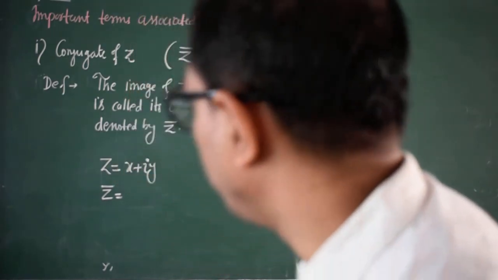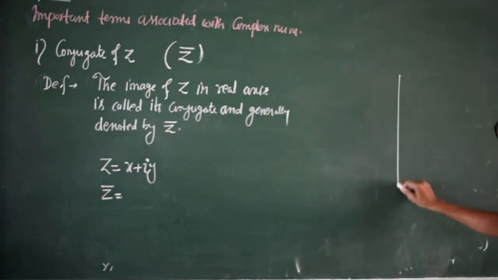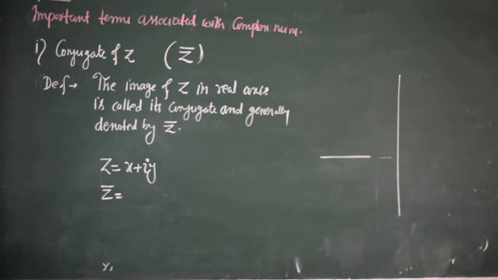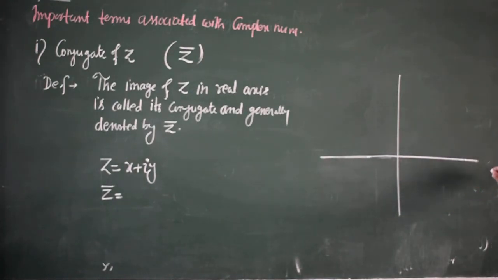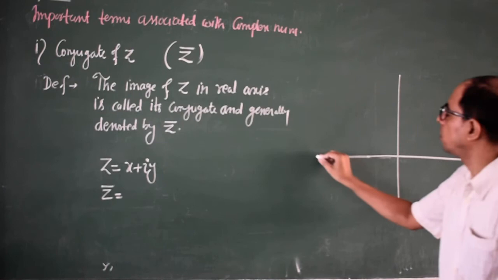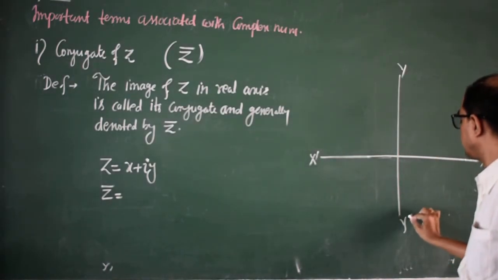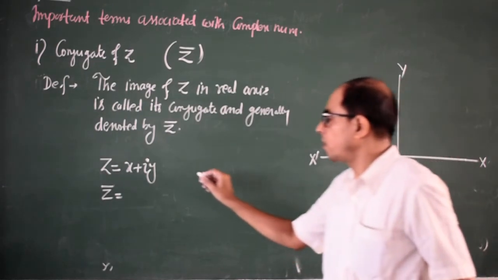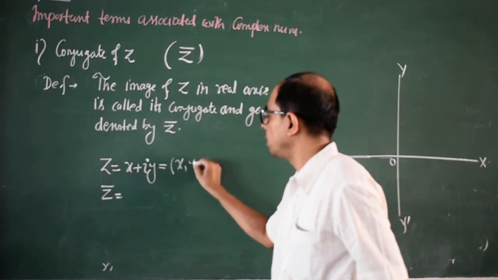To get the formula of z conjugate, let us plot z here. Suppose this is the Argand plane. This x-axis is called the real axis, this y-axis is called the imaginary axis, and this is the origin. To plot this complex number, plot the point x comma y.